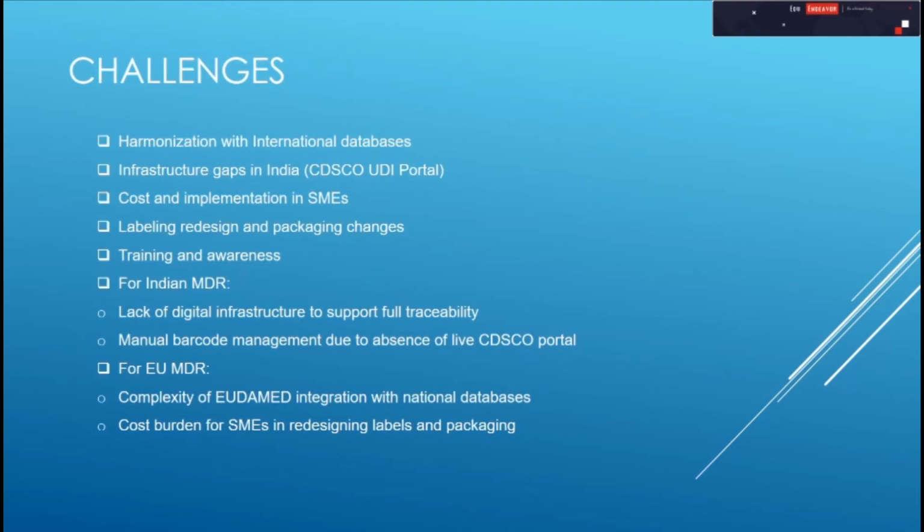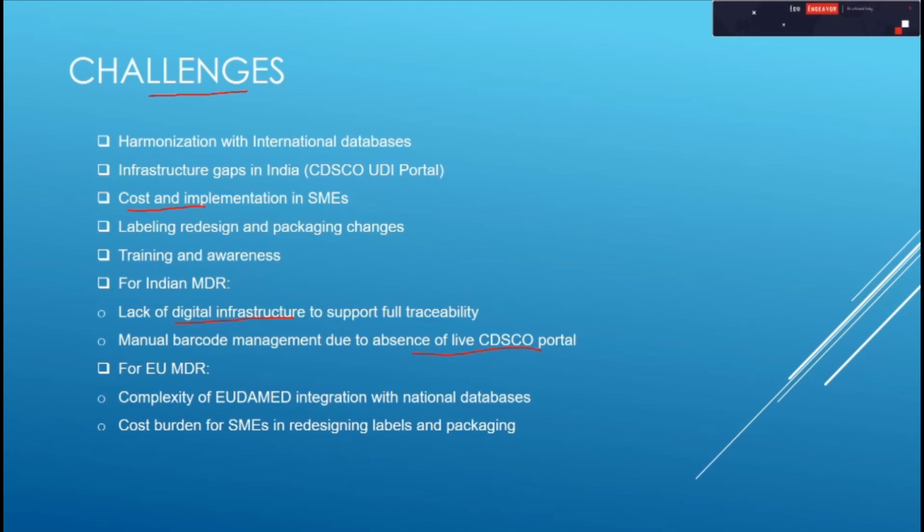Now come the challenges that may be faced under the UDI system. In India, digital infrastructure is lacking, with no live CDSCO UDI portal yet. Smaller manufacturers face cost and expertise gaps in labeling and barcode software. Manual barcode handling increases error risk.